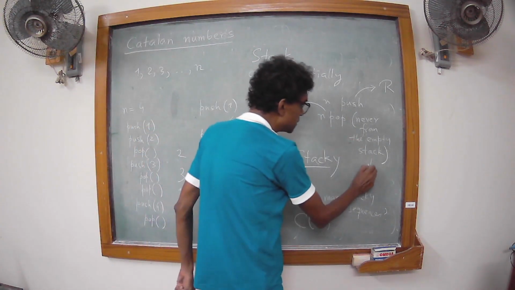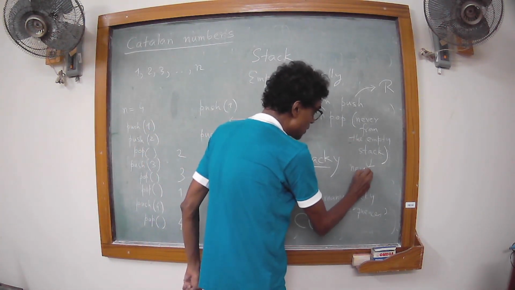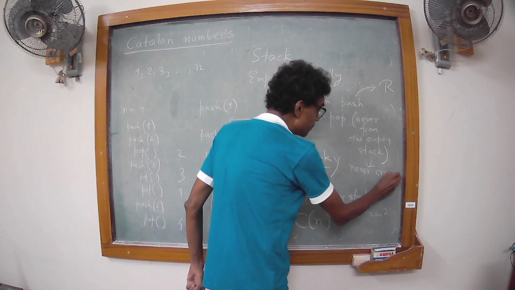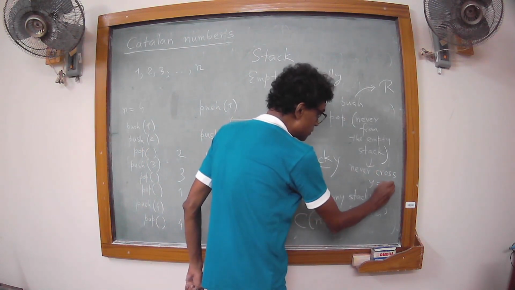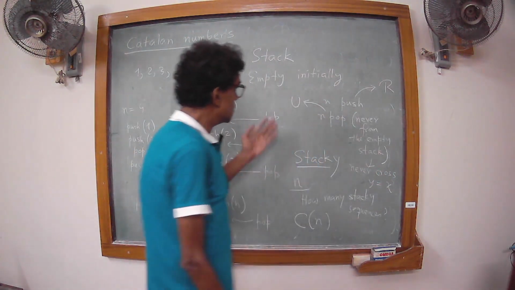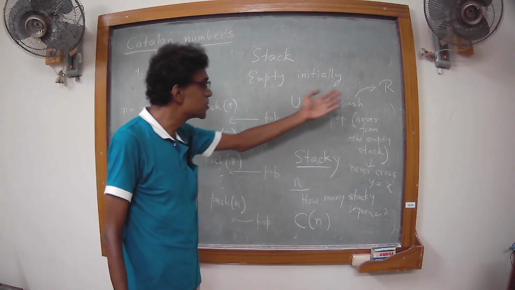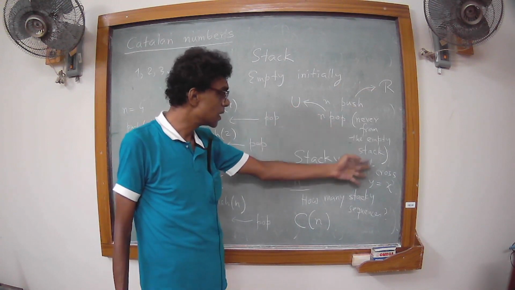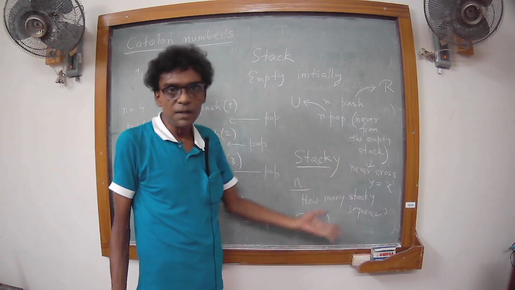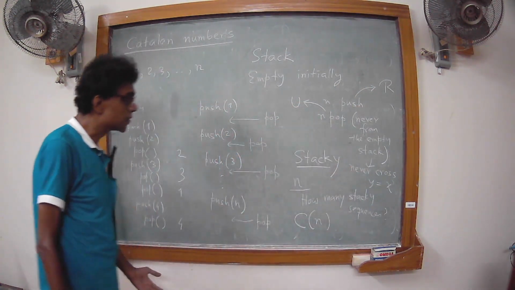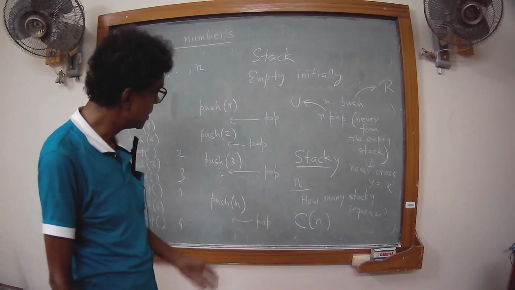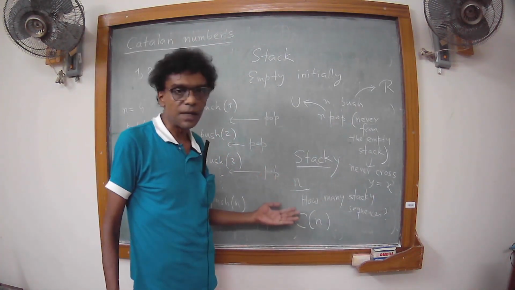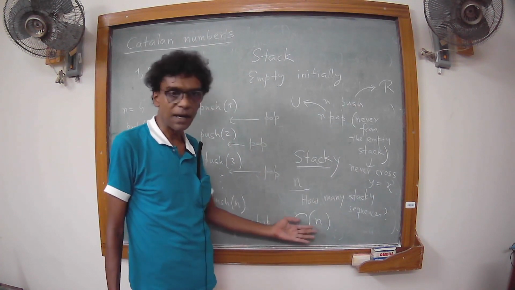So this says never cross y equal to x. With this identification of pushes with right movements, pops with up movements, along with this extra condition, the count of stacky sequences for a general value of n is exactly equal to the nth Catalan number.